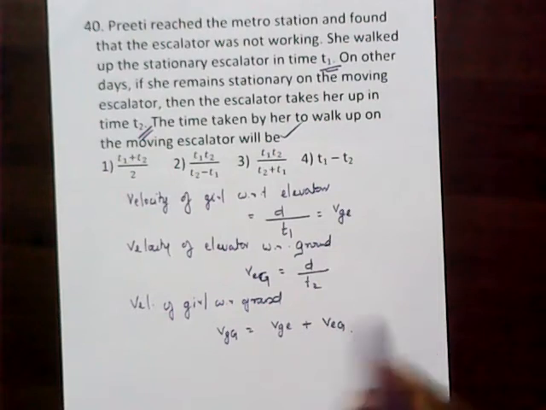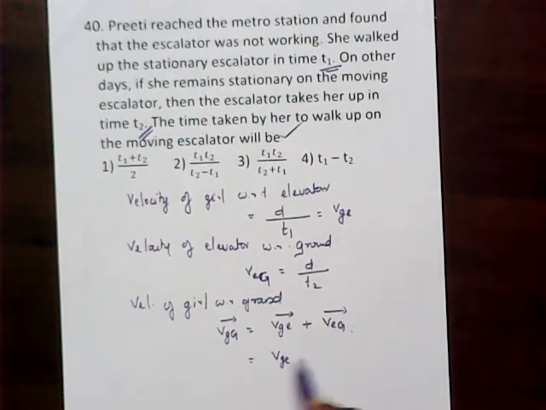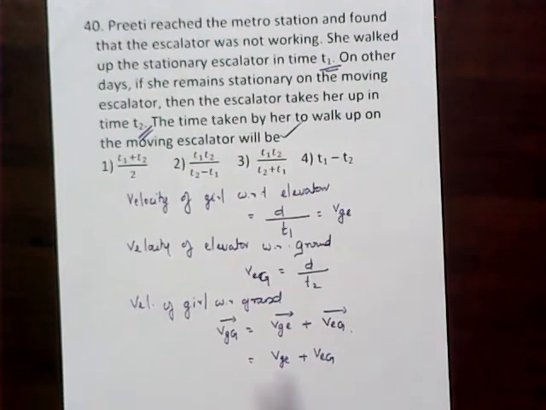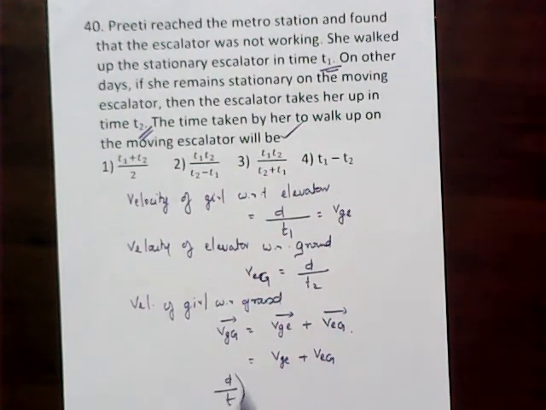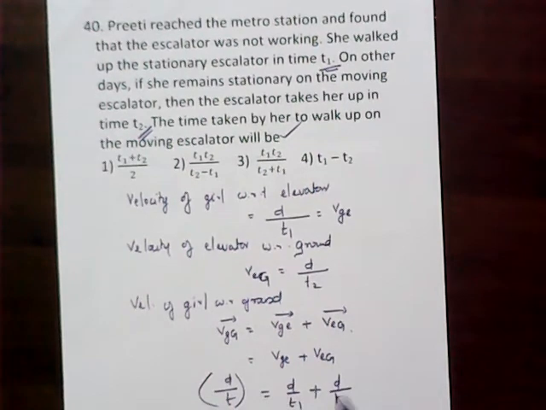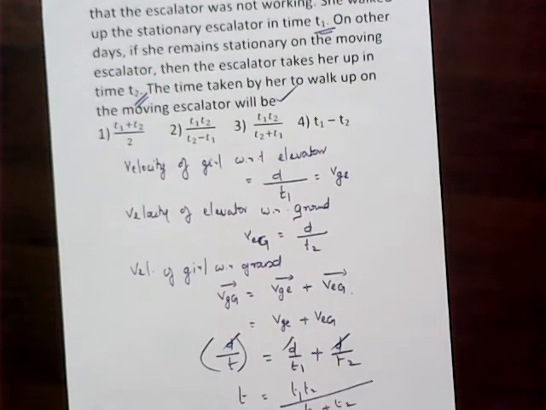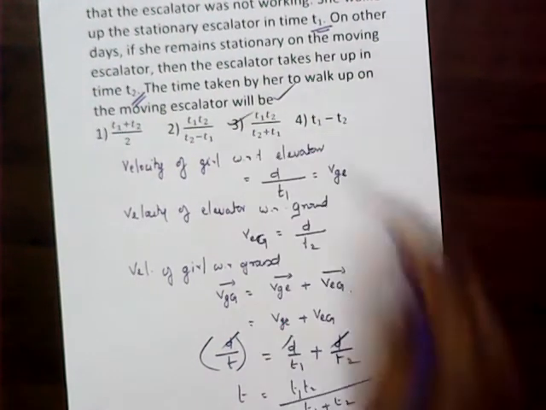That is a very important concept in vector form and also in magnitude. It is a good concept. So we can write d by t equal to d by t1 plus d by t2. So d cancels, and you get t equal to t1 t2 by t1 plus t2. So we get the answer as 3.